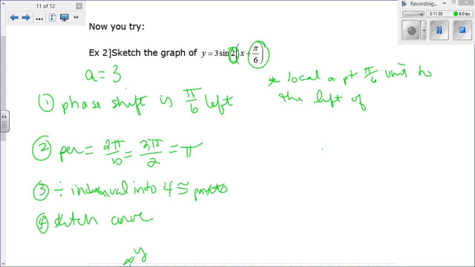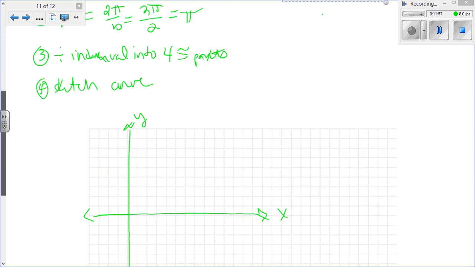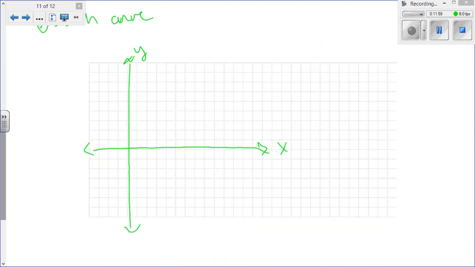So it's to the left of 0. So my starting point would be negative pi over 6, 0, because the height would be 0. So I'm going to let every, let's see here.